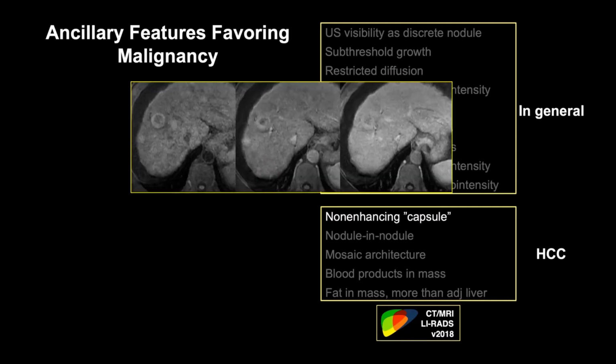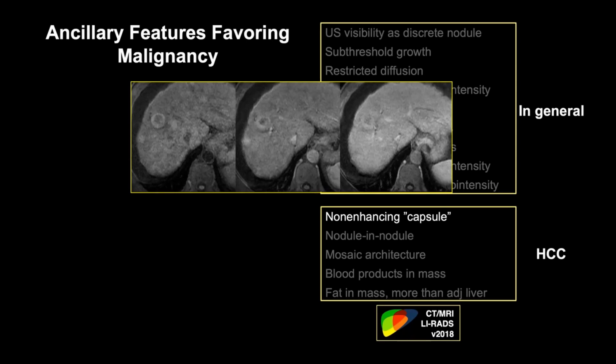So now we're going to move into ancillary features favoring malignancy that also are more specific to hepatocellular carcinoma. A non-enhancing capsule is a feature favoring HCC. It refers to the appearance not detected as an enhancing rim, as discussed by Dr. Fowler the other day.